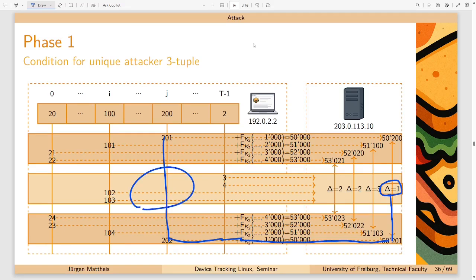There was only a collision here because it has to be, because it's the same attacker free tuple down here and here, and they cause increments. But in the filling there was no collision.